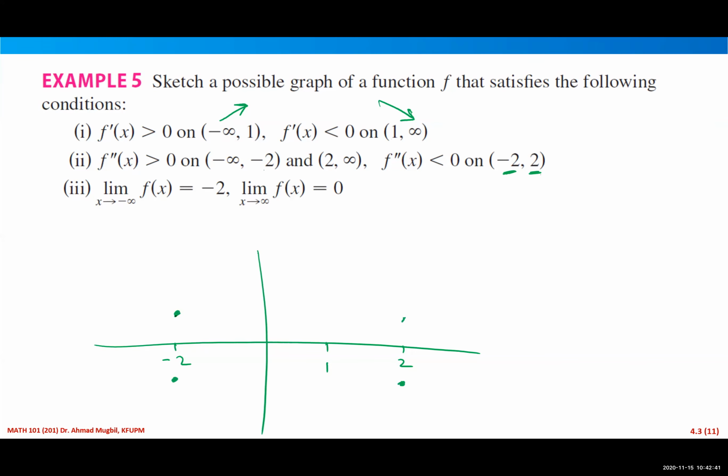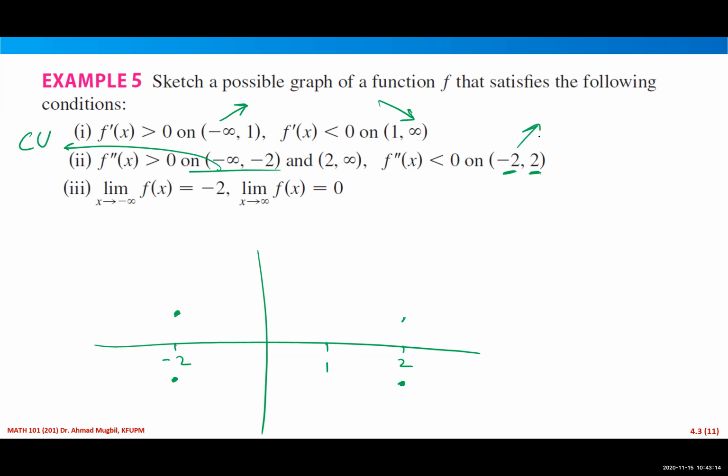Keep in mind that from negative infinity to -2 the graph is concave up, here it will concave up, and between -2 and 2 it is concave down.